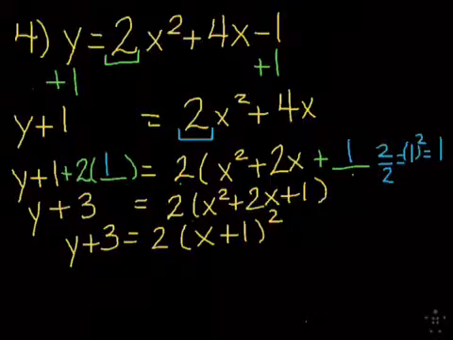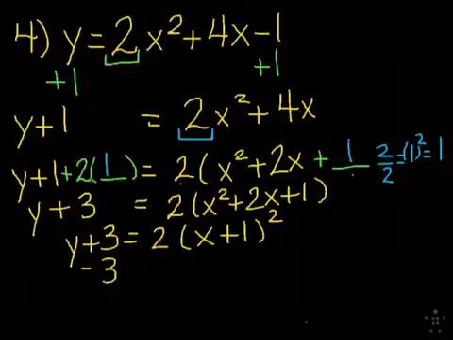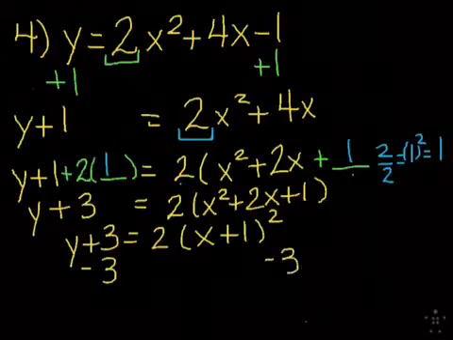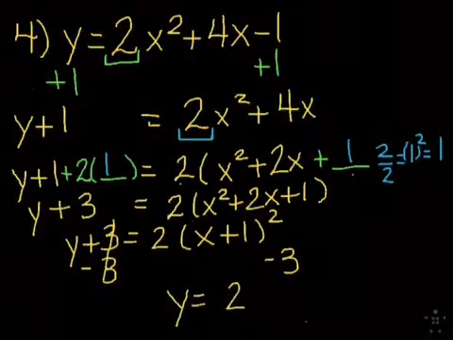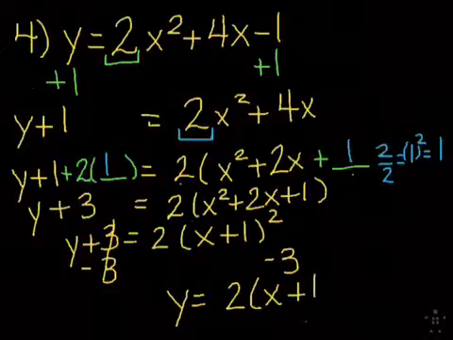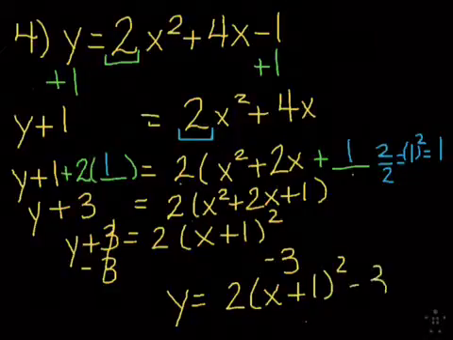All right, then I'm going to take away 3, so I do minus 3, minus 3. So my final answer is y equals 2 times x plus 1 squared minus 3.